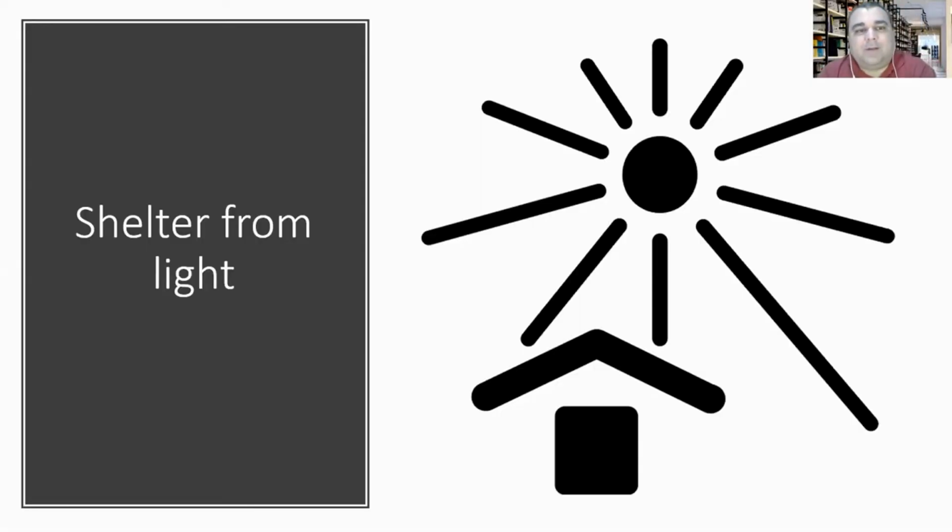This symbol here is the shelter from light, not only sunlight, any light. So some products are sensitive to light, and they have to be sheltered at all times from contact with the light.